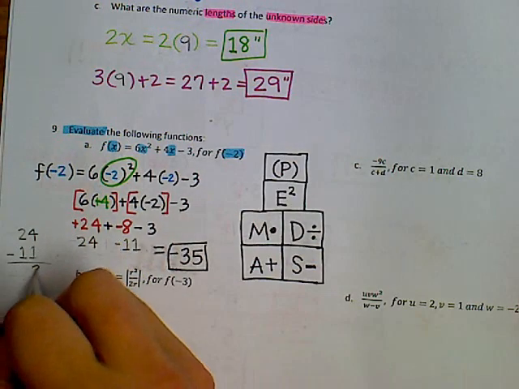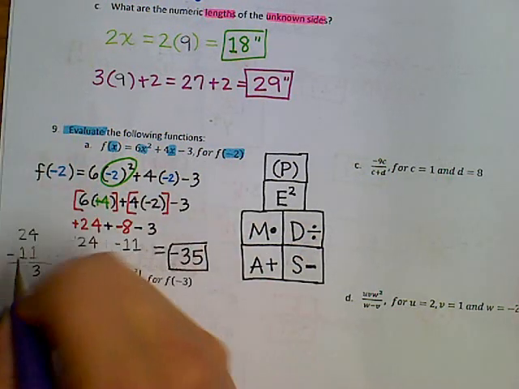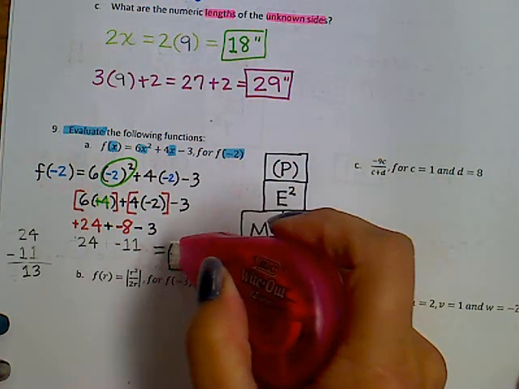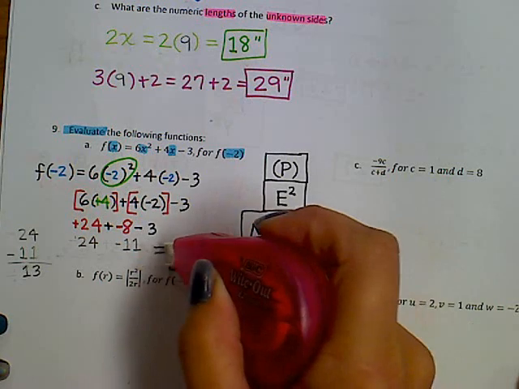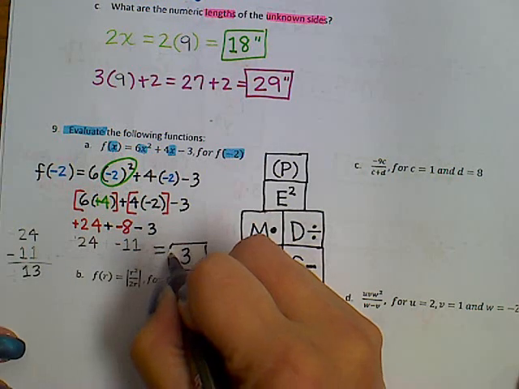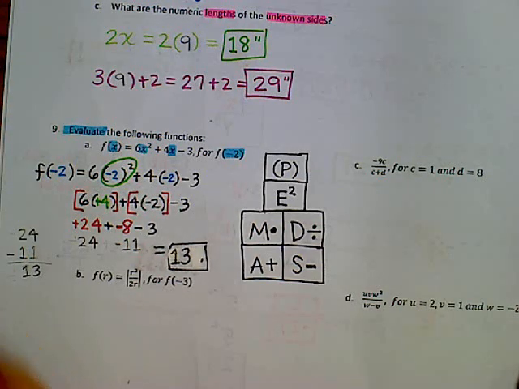So that would be 3, and then 2 minus 1 will give me 1. All right. So, there we go. Our answer is actually positive 13. There we go. Sorry about that.